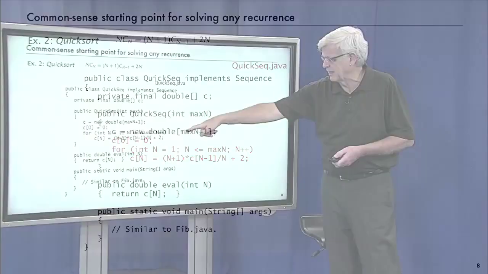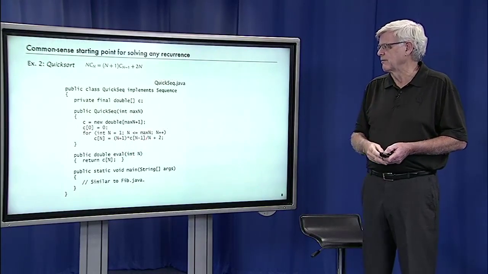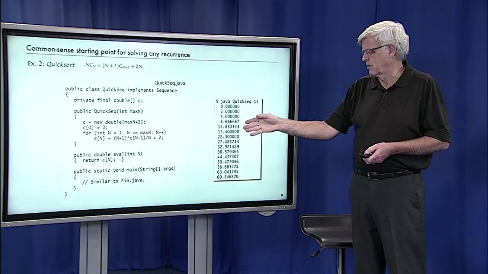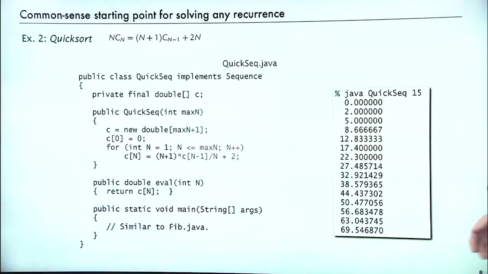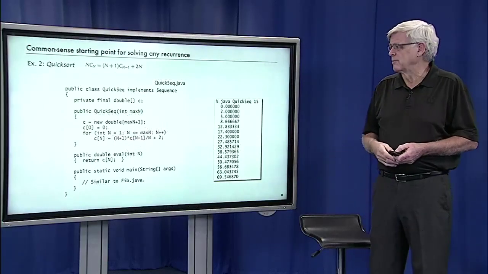So it's just dividing by n, and then eval will give us the value of that recurrence. So the same code will print out the first 15 values of the quicksort sequence in that way. So that's a good first start, so we can get some idea of what these numbers are.